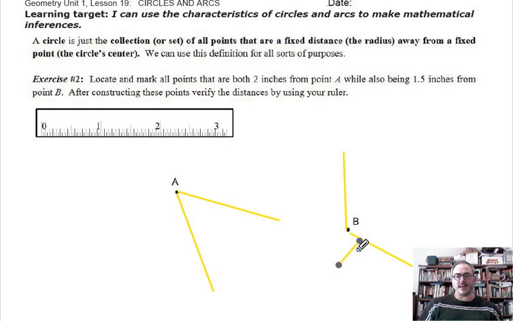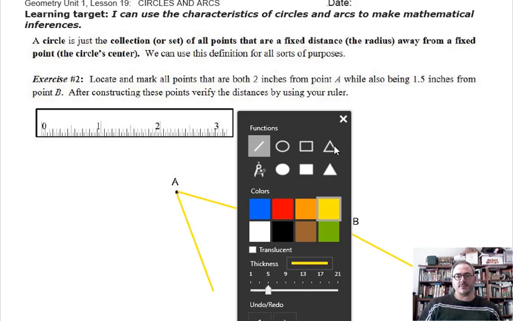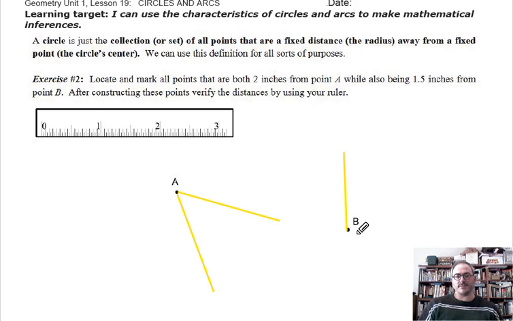Oh, I didn't want to write that one. I'm going to undo it. Let me try again. 1.5. There we go. Now let me use that not-so-circle tool to make a highlight.